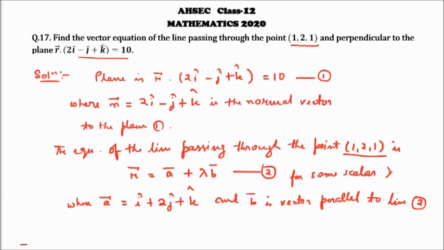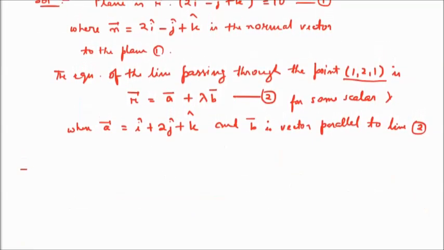Obviously, now we have a plane. Okay, let us understand this with the help of a figure. So I have a plane. Suppose this is my plane number 1. And any normal vector to this plane will look something like this.